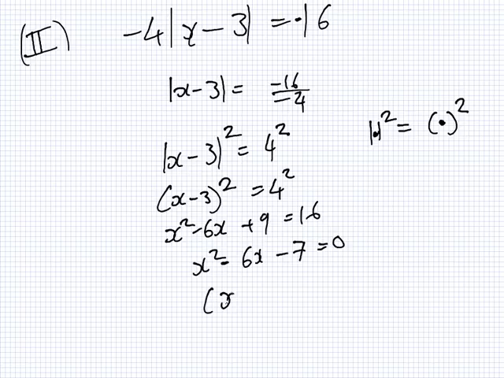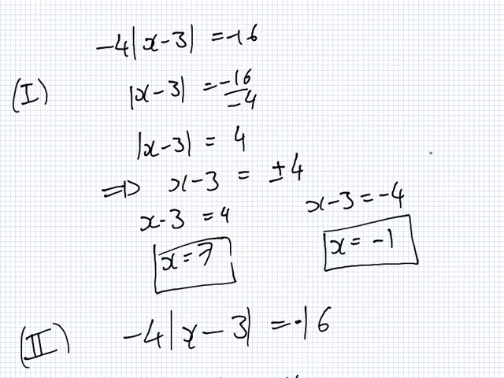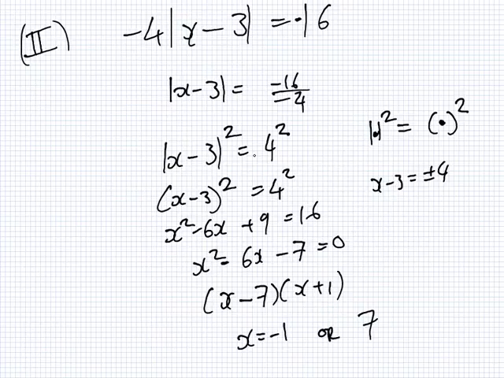So then you have x minus 7, x plus 1, so x equals minus 1 or 7. Same answers. No, not the square root here, because the square root would make x minus 3 equal to plus or minus 4, and you're doing it the same way as before. All you've done is add extra steps in between these two lines. Do you know what I mean? Write this one there.